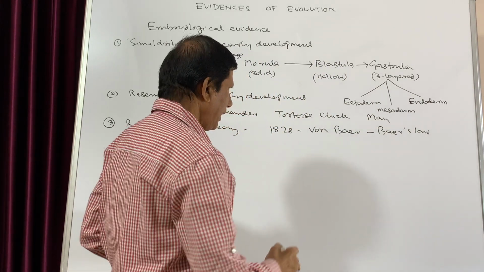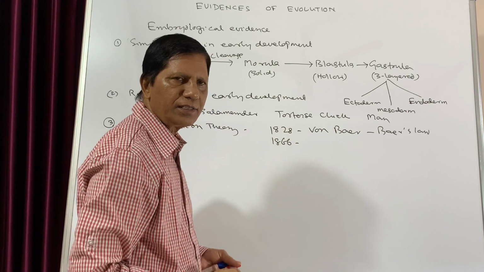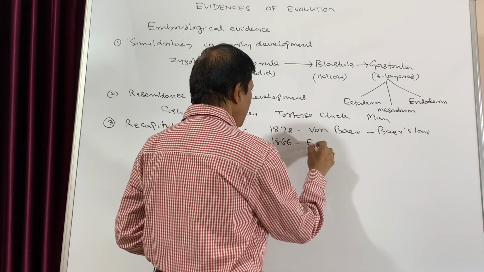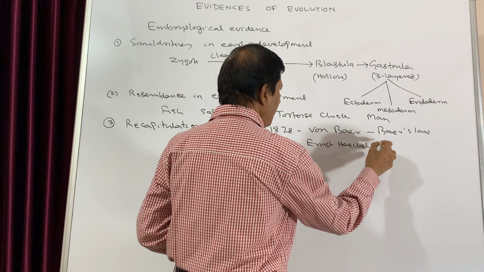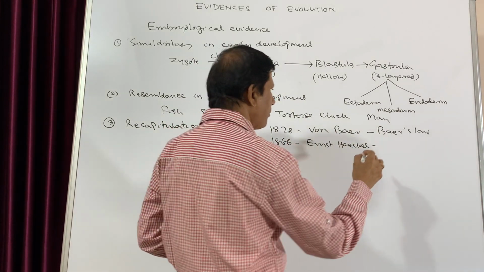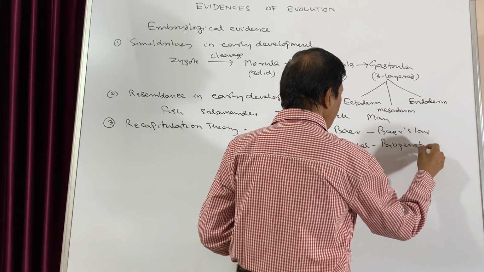But in 1866, another scientist, Ernst Haeckel, modified this Baer's law into the biogenetic law.